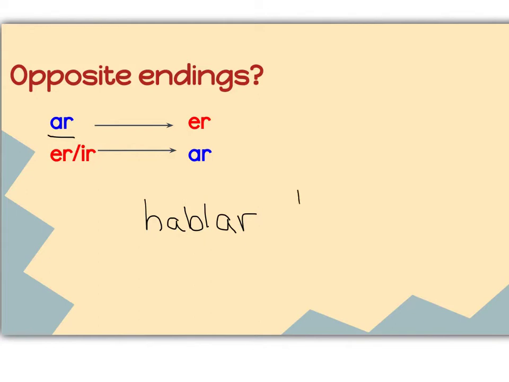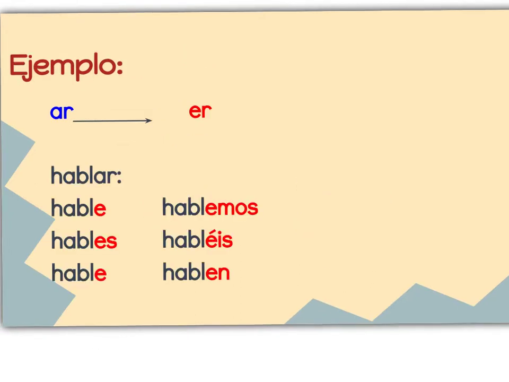So it's going to be hable in the yo form, hables in the tú form, and so on. Here's the whole six-pack. Yo hable, tú hables, él hable, nosotros hablemos, vosotros habléis, and ellos, ellas, ustedes hablen.